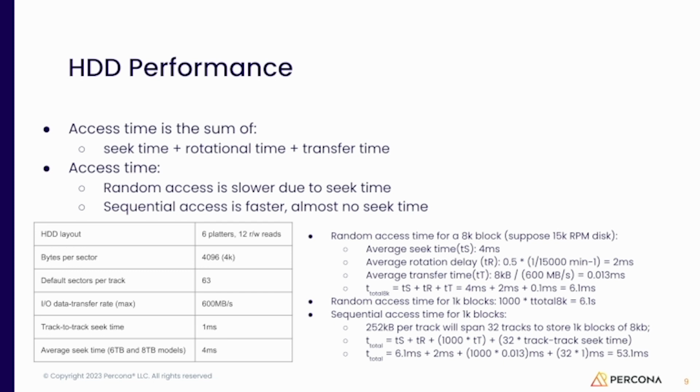Actually, 6.1 seconds, sorry. 6.1 seconds on random access, and on sequential, 53 milliseconds. So those are orders of magnitude. That's the difference on a spinning disk from random to sequential.